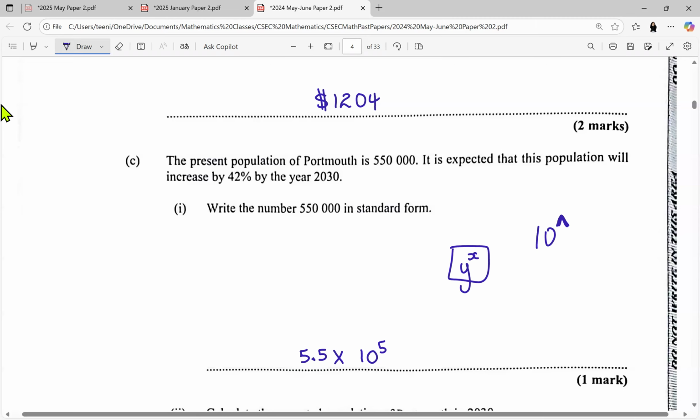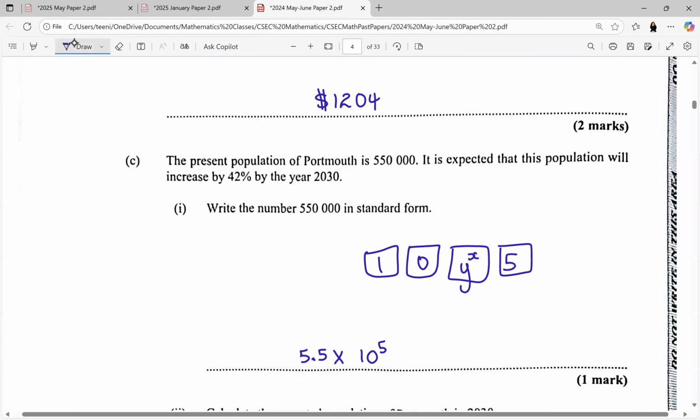Good job. Did you try typing 10 to the power of 5 on your calculator, by the way? No, miss. Try it for me now. Do you see the y to the power of x key? Yeah. So to press 10 to the power of 5, you would press 1, 0, because you don't have a key that has 10, and then this key, y to the power of x, and then 5.